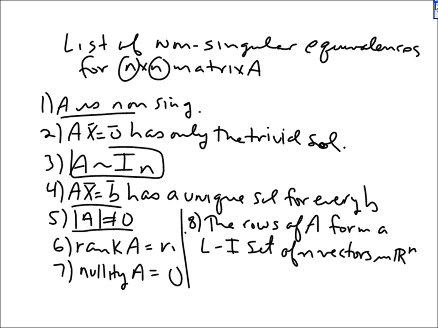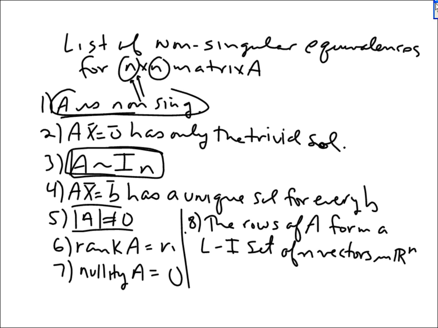The rows of A, there are n rows, and they're all linearly independent. That means when you reduce it, you're going to get the identity, which means it's non-singular. It means all the others.